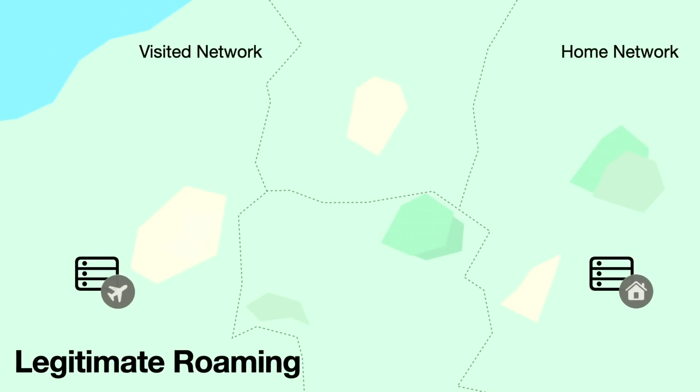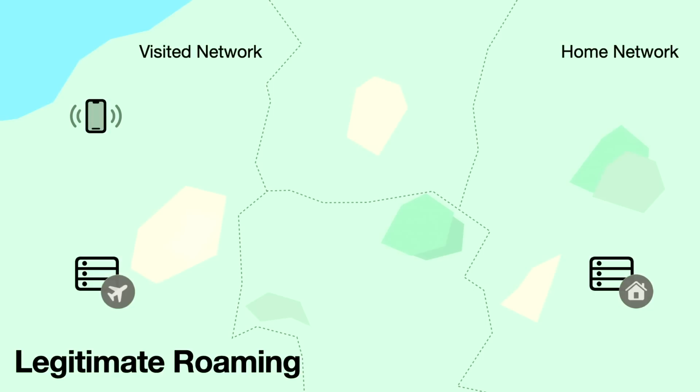To understand how roaming can be abused, we first have to look into a legitimate roaming scenario. In the legitimate scenario, we have a user who is visiting another network. And the idea of roaming is that this user can still get cellular connection.